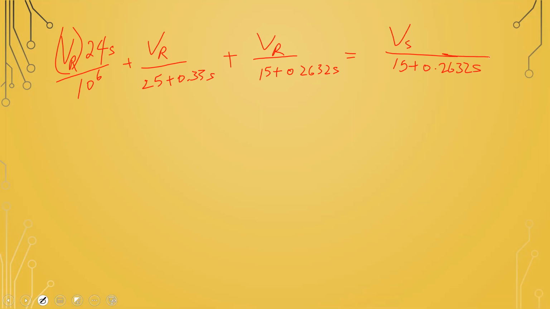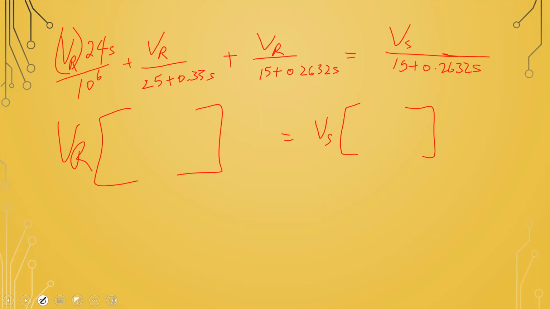All right. Of course, you have VRs on one side, so you have VR into whatever is in that bracket, and that's equal to VS. So from that you can find your VR over VS. All right, and you'll get the same result. Okay.